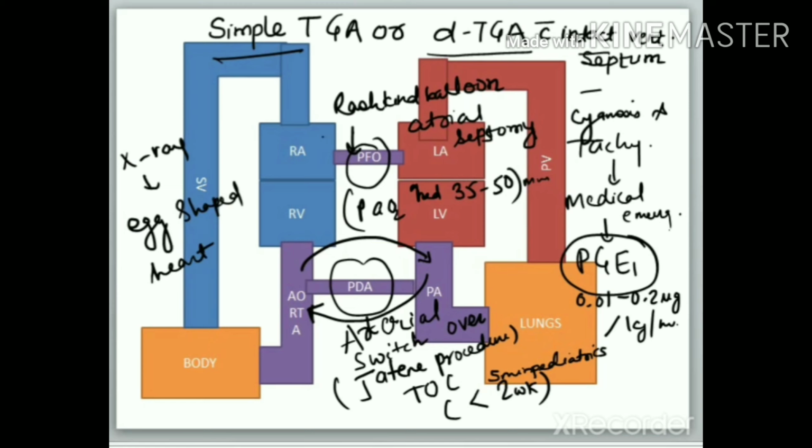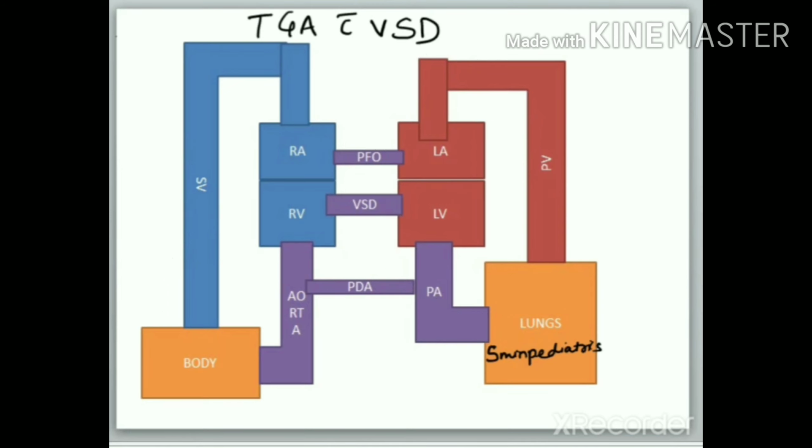Now we have the other condition, TGA with VSD. How does it present? If with TGA there is also a VSD, then blood mixing is there. If there is a small VSD, then we can get a harsh holosystolic murmur clinically.